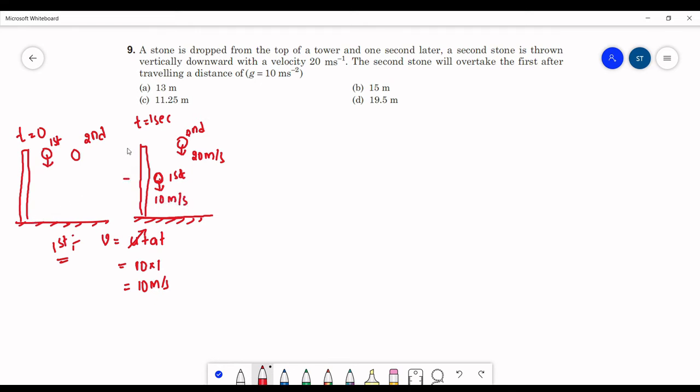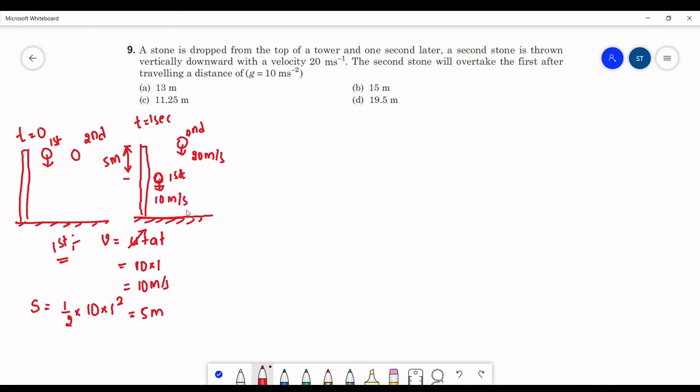And if you want the distance covered by this first ball, apply s is equals to ut plus half at square. Initial velocity is 0, so this will be directly equal to half at square. Acceleration is g into time is 1, so this will be 5 meters. So after 1 second, the first ball will have traveled a distance of 5 meters and gained a velocity of 10 meters per second in downward direction.